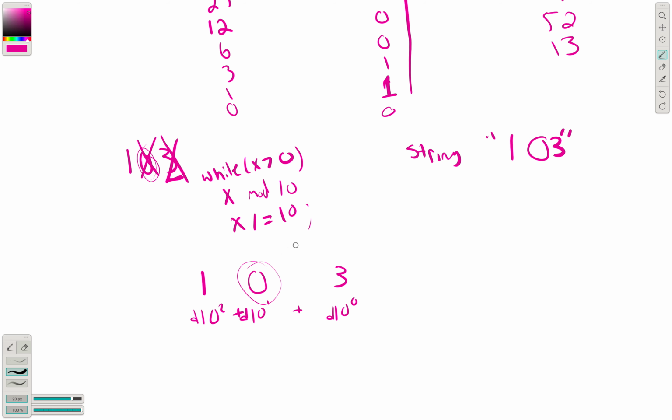Well, what you could do is chop off everything before it by dividing by... wait, sorry, you could... Yeah, divide by 10 and you cross this one out. And then you can mod by 10 to get this remaining digit. But you see, you did 2 steps.